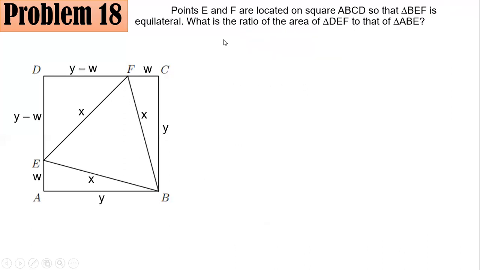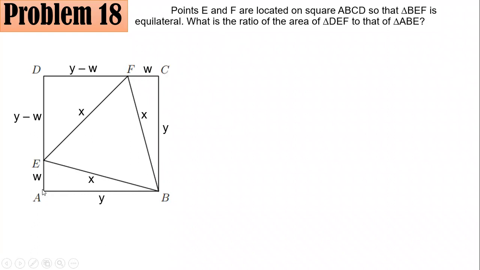Okay. So actually what I did was I represented the length of the square as y. I represented the side as w. And since this is also y, the length of DF is y minus w.